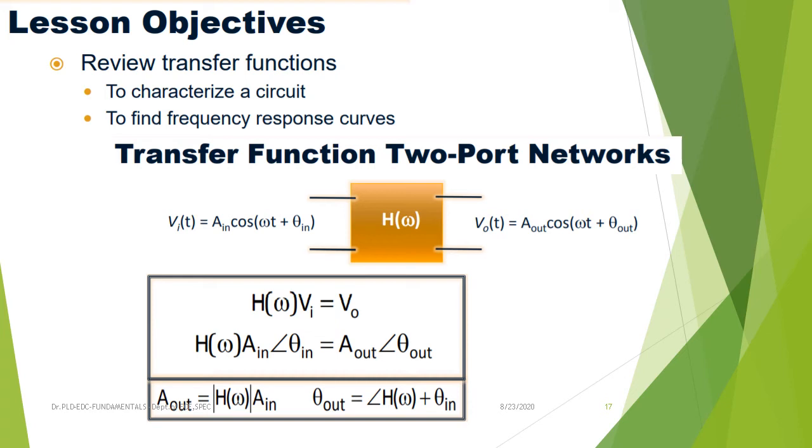So port 1 is at the input, port 2 at the output, that is 1, 1 dash, 2, 2 dash: input terminals 2, output terminals 2. These are the general notations of a 2-port network. We have so many 2-port network parameters also.